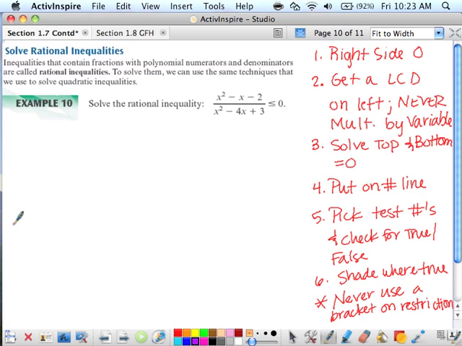So we can just start taking the top and bottom apart, setting them equal to 0. There's a quadratic on top and bottom, so I'm going to go ahead and try to factor this. The top factors into x minus 2 and x plus 1, and the bottom factors into x minus 3 and x minus 1. And I want all of that to be less than or equal to 0.